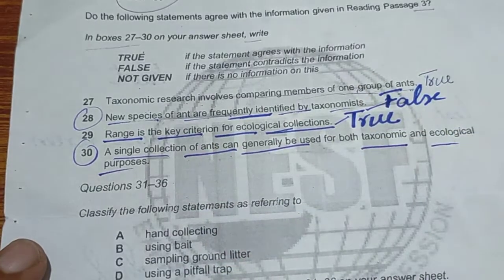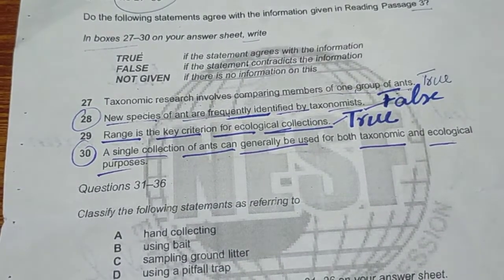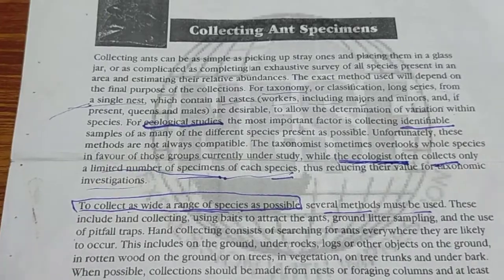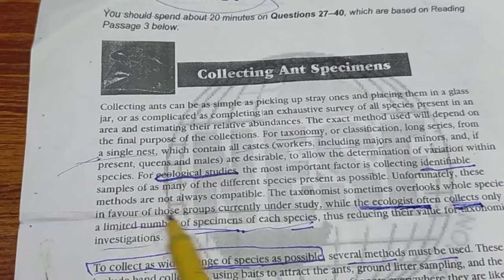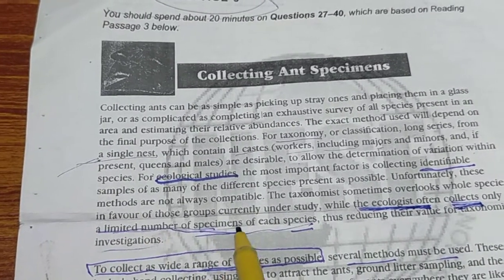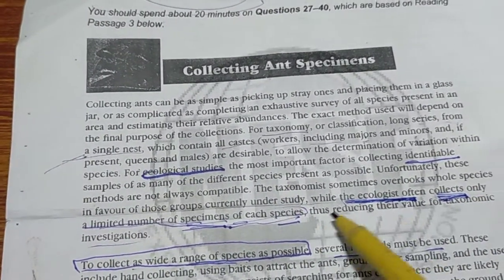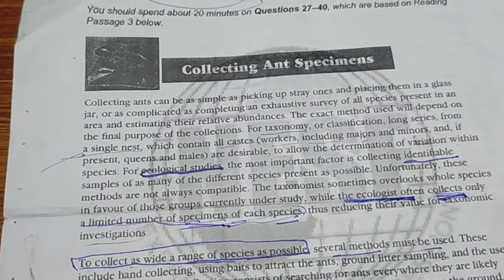A single collection of ants can generally be used. Now we will again read the paragraph from where we skipped. In the previous paragraph, we read that ecologists often collect only a limited number of specimens of each species, but not taxonomic. This is done by the taxonomic investigations.